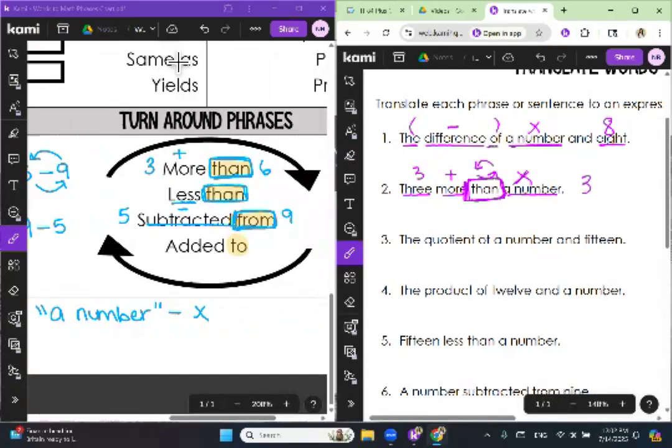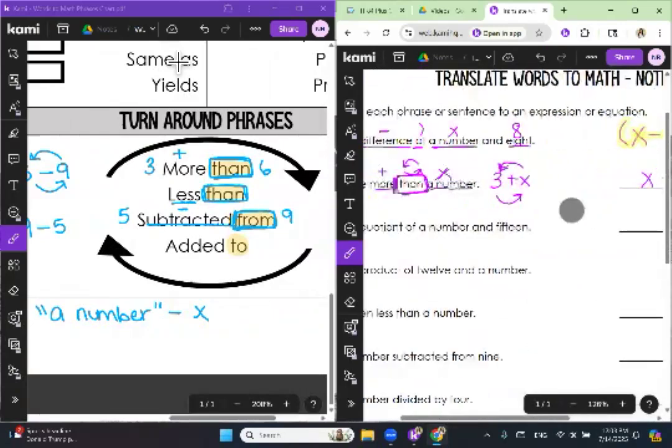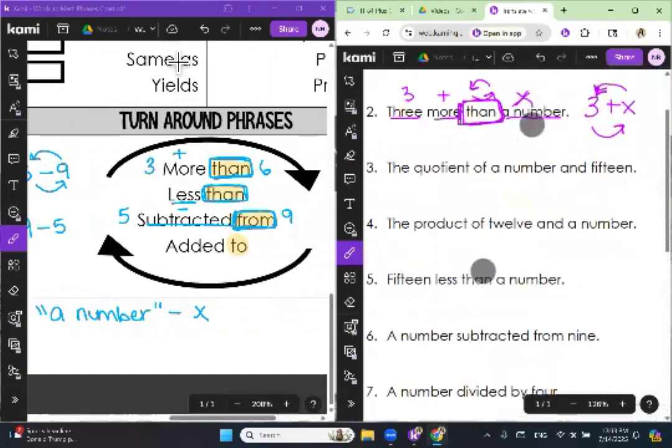So I want to write it as 3 plus x, but when I flip it, my result is actually x plus 3. And yes, in order for you to get credit, it has to be written as x plus 3, not 3 plus x, okay? Because recognizing that turnaround phrase is part of this lesson.